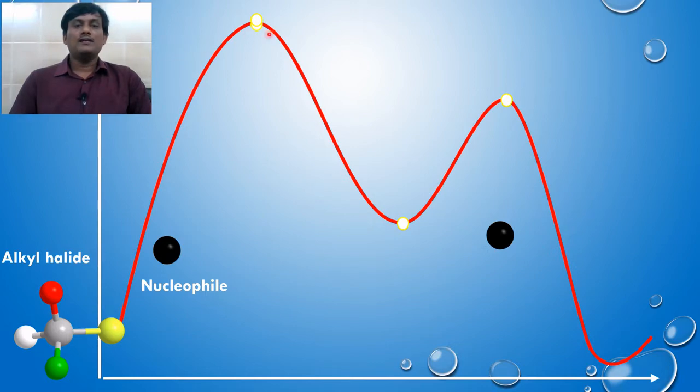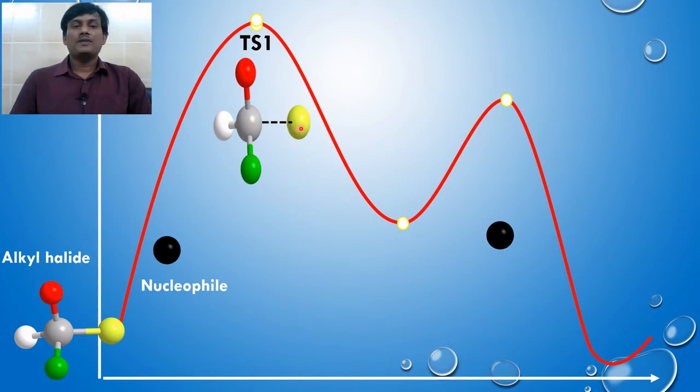This one indicates the first transition state. In this first transition state, we have three real bonds and one partial bond between the leaving group and reaction center.